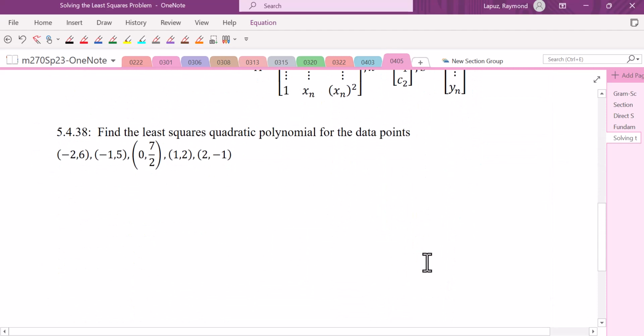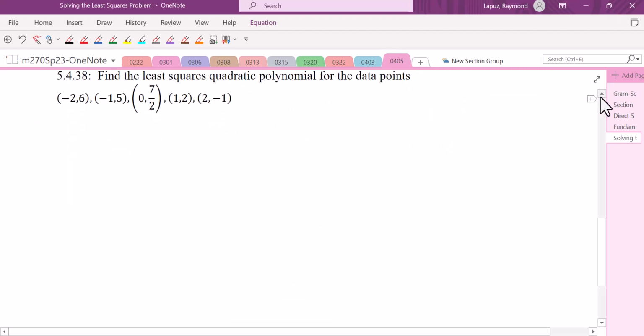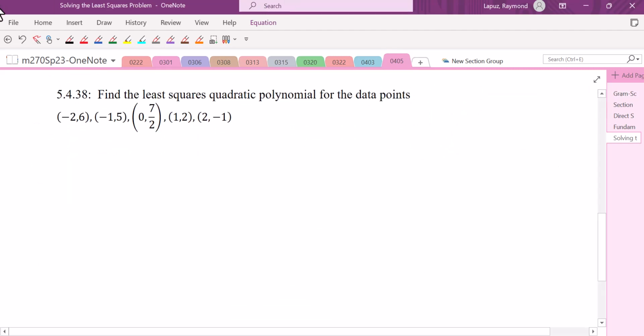Given our quadratic equation, we would expect y equals c sub 0 plus c sub 1 times x plus c sub 2 times x squared, and we're looking for c sub 0, c sub 1, c sub 2.